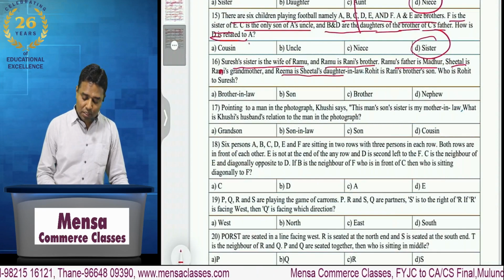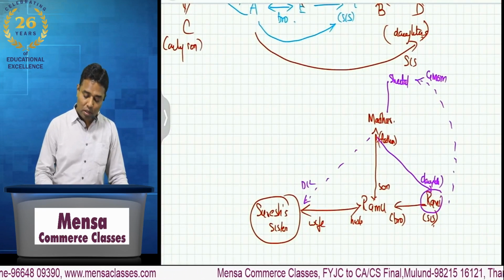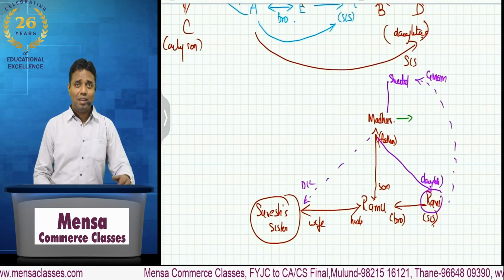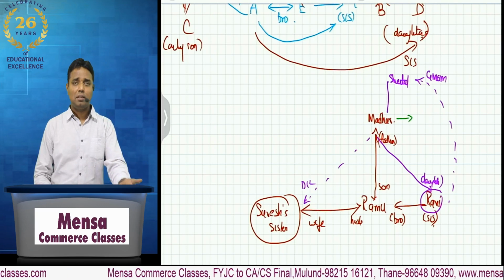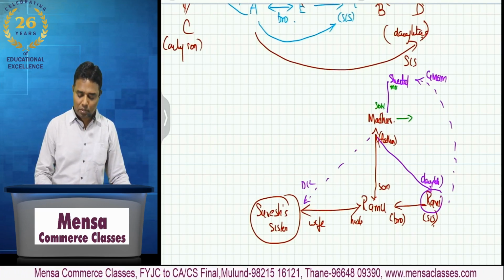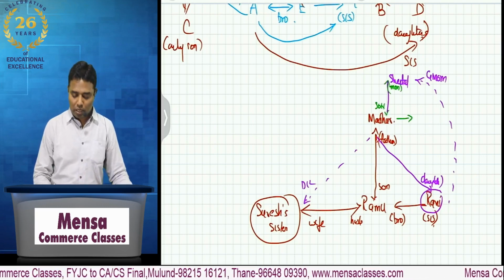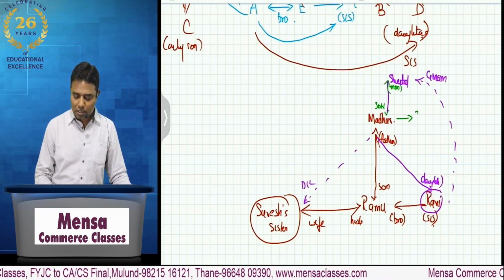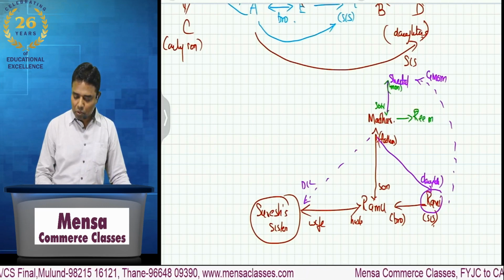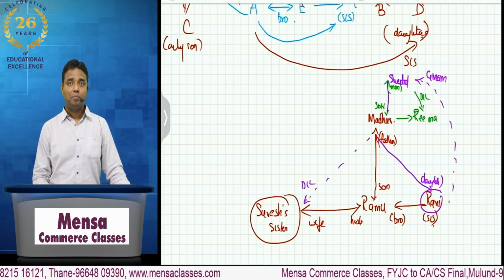Reema is Sheetal's daughter-in-law. Very obviously, daughter-in-law will be the son's wife. So who is the son? Madhur. And so Madhur's wife is Reema, who becomes the daughter-in-law of Sheetal. Correct?